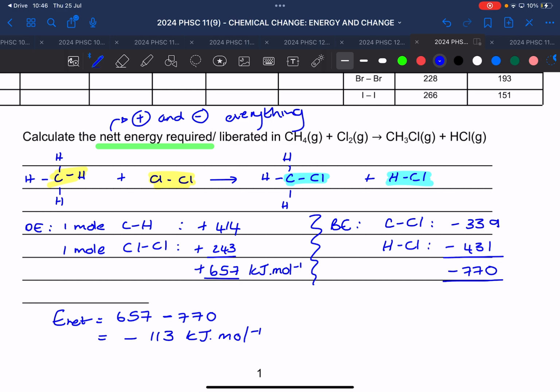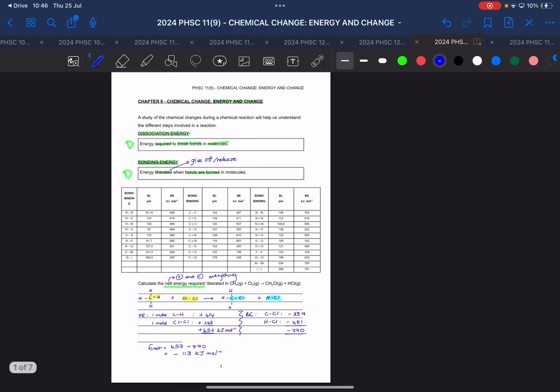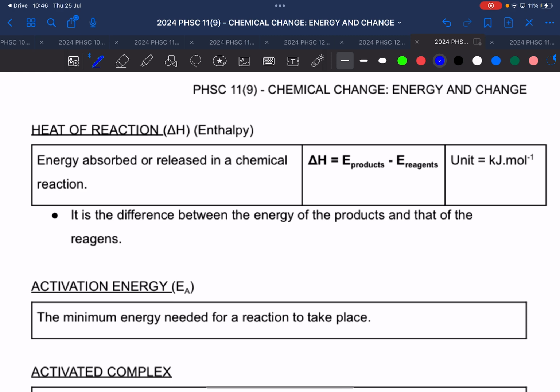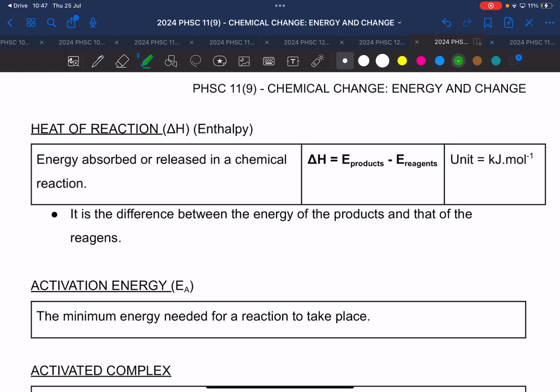Okay, so you've calculated the net energy required, and that is called the heat of the reaction. So that which you've just calculated, that E net, is called the heat of the reaction, or the reaction heat. The symbol for that is triangle H. Remember that triangle refers to delta, which means final minus initial. Another name for that is the enthalpy.